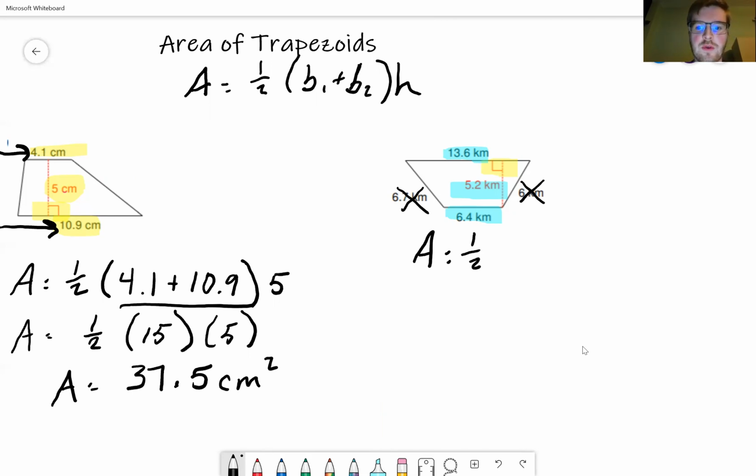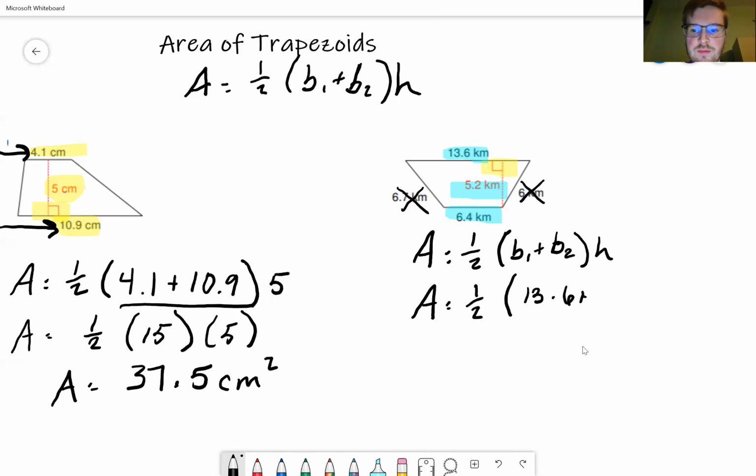So A is equal to 1/2 times B1 plus B2 times H. On this second example, I'm just going to set it up for you. I'll let you guys try this one on your own once I get it set up. And then you can practice using those online calculators that I showed you a minute ago, or your smartphone, or whatever you're choosing to use for your calculator.